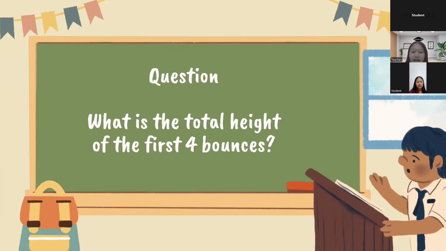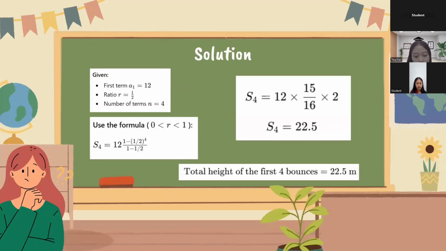Formula, Miss. Okay, again and again we use the formula every time. And the solution: given first term is equal to 12, ratio is equal to 1 divided by 2, number of terms n is equal to 4. Use the formula for 0 smaller than r smaller than 1.